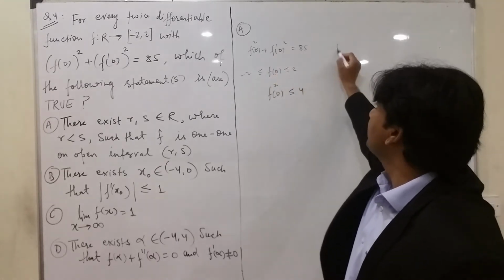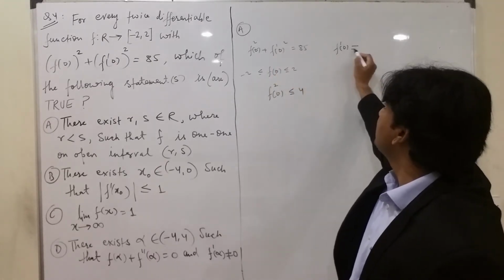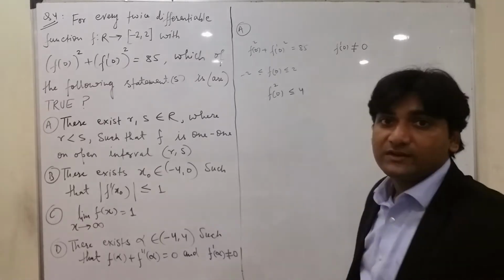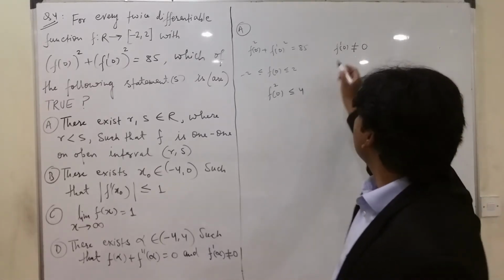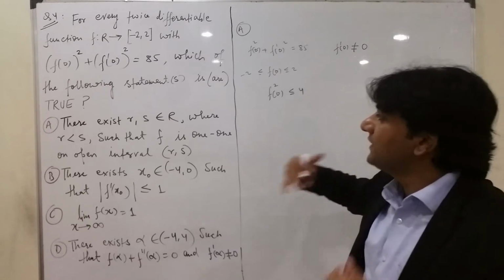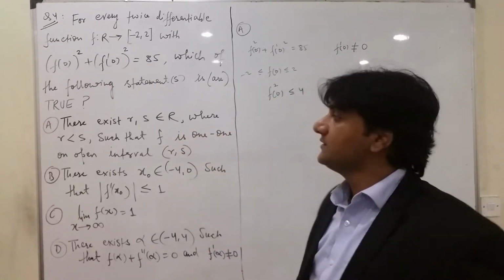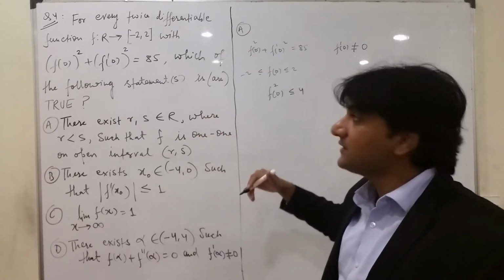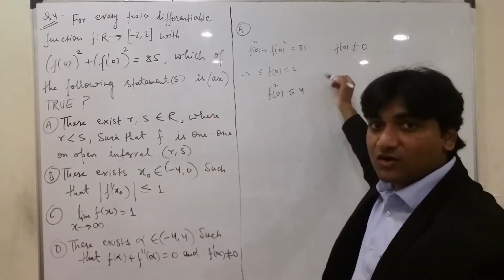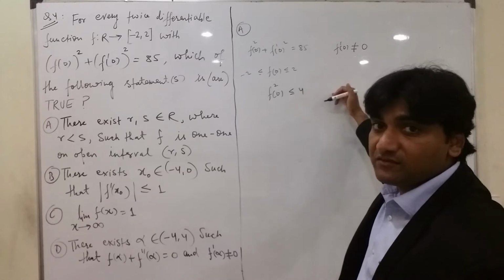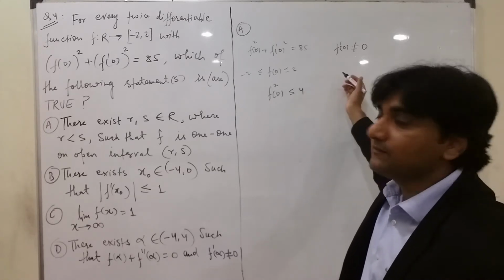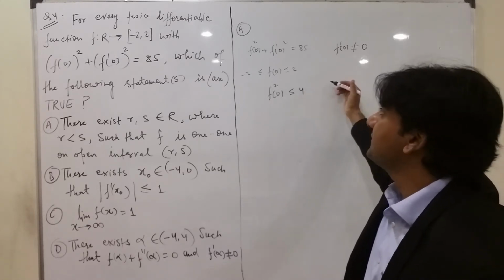So at least we understood that at 0 this function is not constant. So if the function is not constant, then it will be either increasing or decreasing. If the function is increasing or decreasing, then it is obviously one-one.